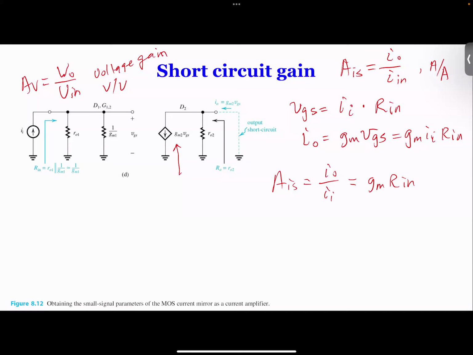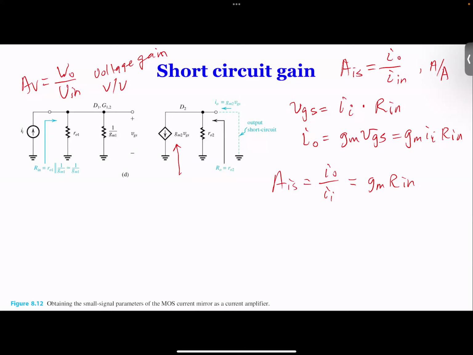Okay, so we don't actually use this very much moving on. However, I really wanted to understand the process, how to get this gain. So for any circuit, you can get the gain. The only reason we get this gain is in the future, when we study small signal like a disturbance, when we want to understand if we have an input disturbance coming in, how much disturbance we get output, right?